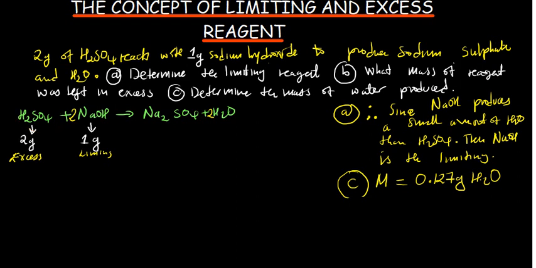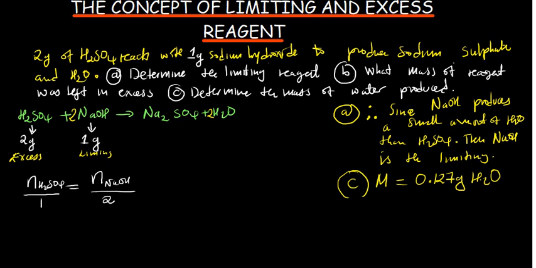If you find that out, then you are going to subtract from here. So you are going to say number of moles of sulfuric acid over the number in front, that is 1, is going to be equal to number of moles of sodium hydroxide over 2. So you are going to compare just these two reactants.